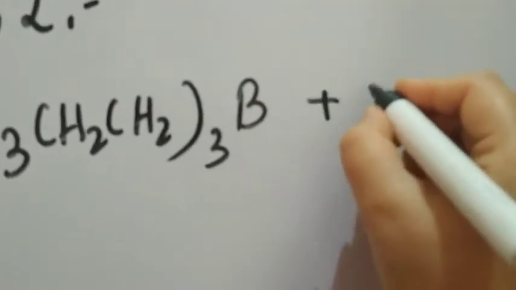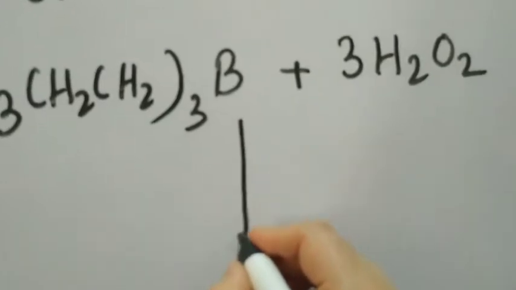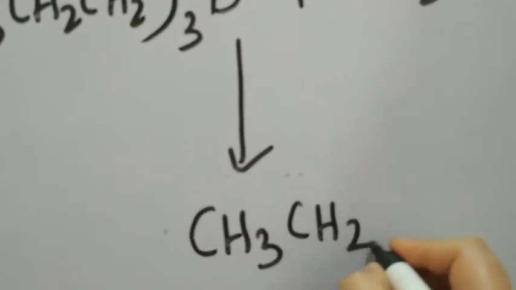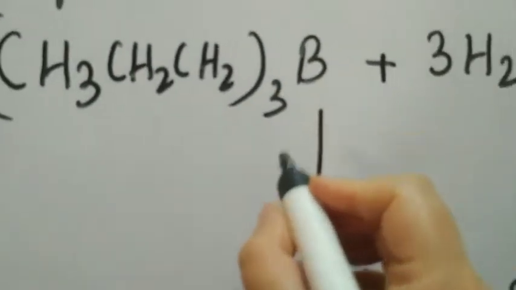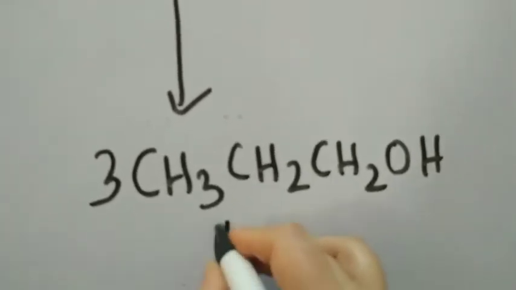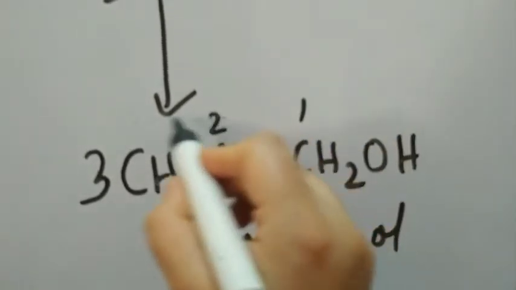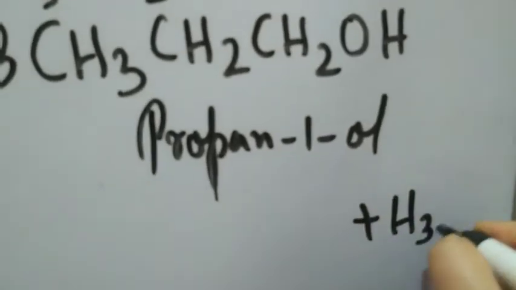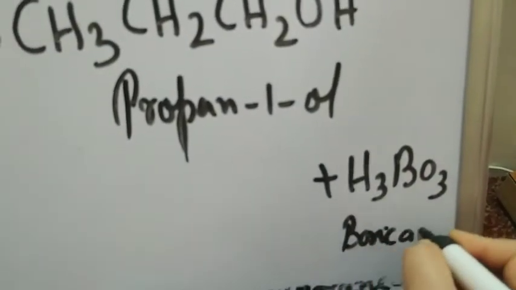It is treated with one of the very strong oxidizing agents, H2O2, hydrogen peroxide, so that what we get is CH3 CH2 CH2OH. We have used thrice propyl here, therefore in this reaction we get 3 molecules of propan-1-ol. This is carbon number 1, 2, and 3. There's a byproduct also, which is H3BO3, boric acid.